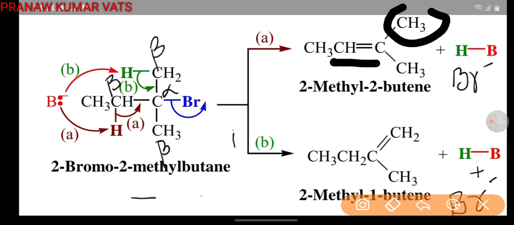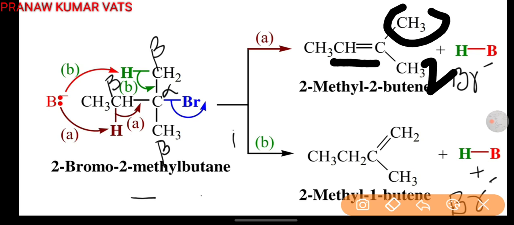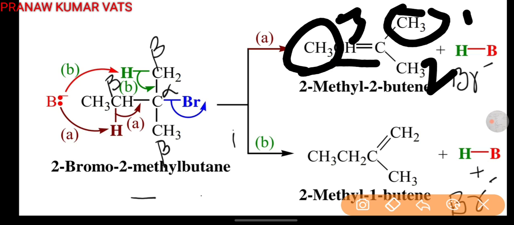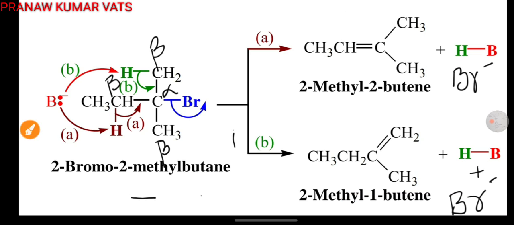This is 1, then this is 2, and this will be 3. So 3 alkyl groups are attached with the C double bond C system. So simply we will write here 3.